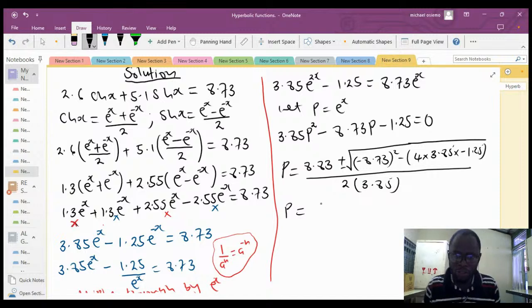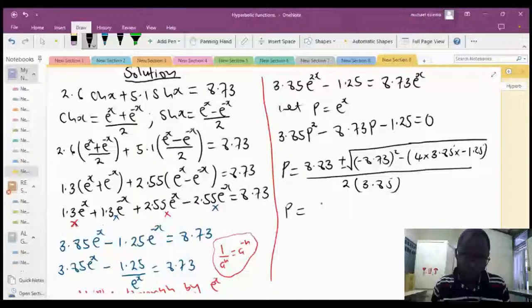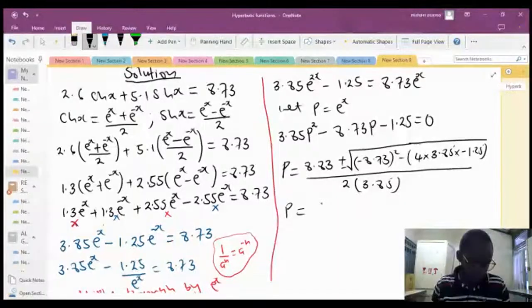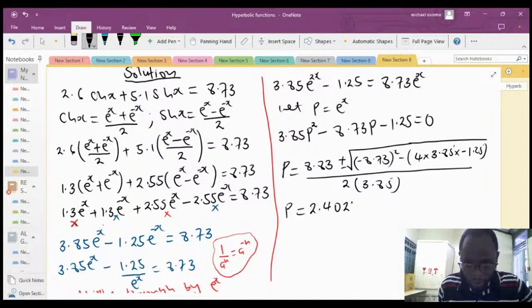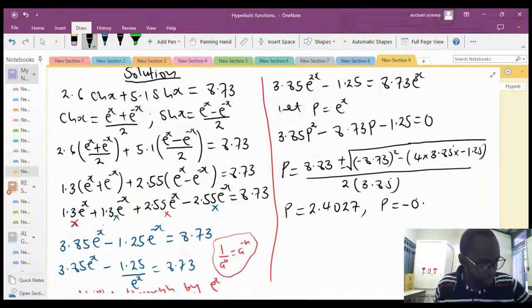I remember in the orientation video on how to solve a quadratic using the calculator, and you can solve this. So we can have p being equal to 2.4027, and p is also equal to negative 0.1351, like that.